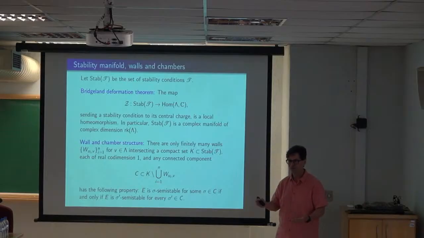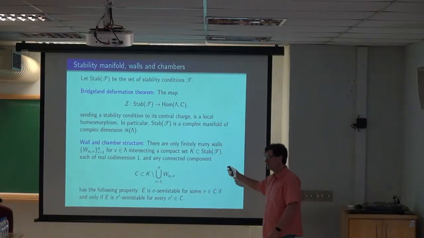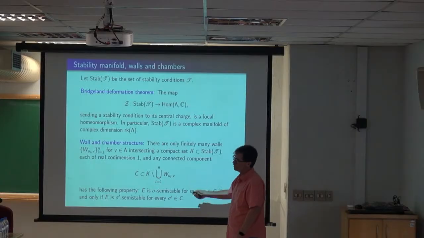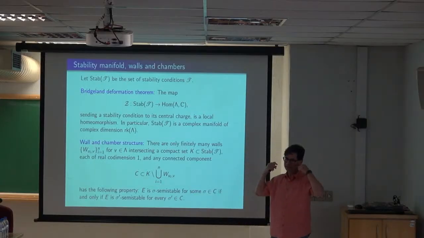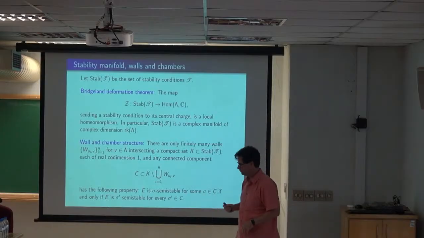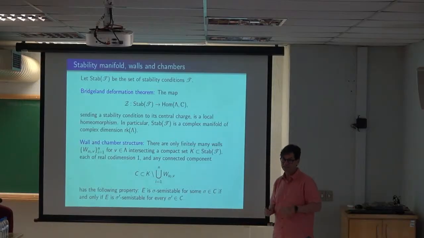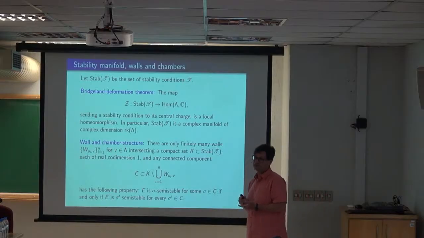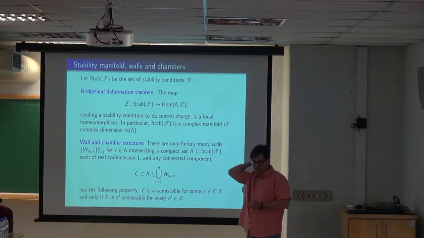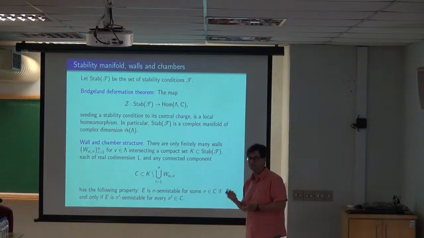My students know that I like the ant analogy. Think of yourself as an ant walking in this complex manifold, and you are carrying in your backpack a collection of objects in this triangulated category, and you have a stability detector in your hand. What the stability detector does is, it goes red every time one of the objects in your backpack becomes unstable.